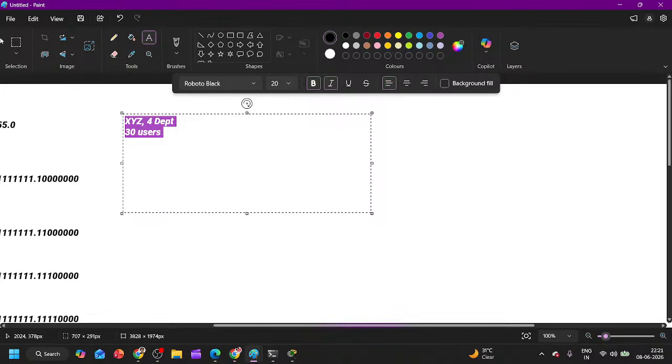Like in, let's say, the HR department, the manager wants to send some file to everyone, only in the HR department. So definitely the manager will not broadcast it on 255.255.255.255. This is the broadcast address for the entire IPv4 network.